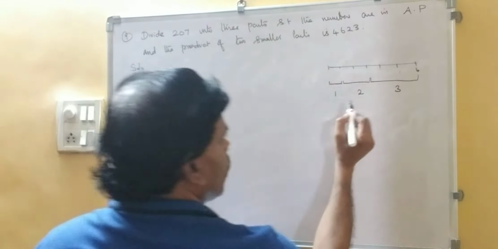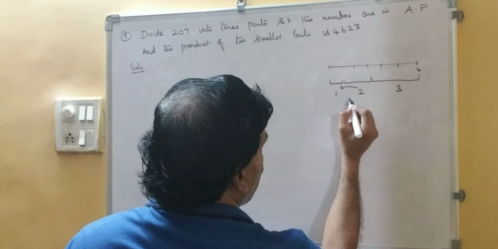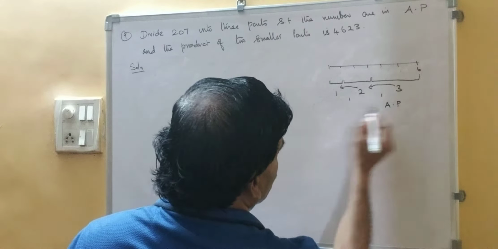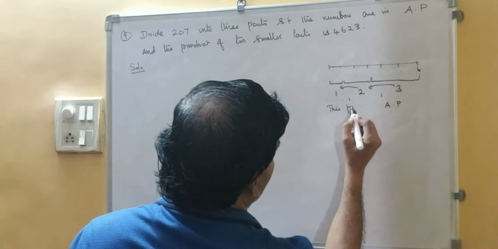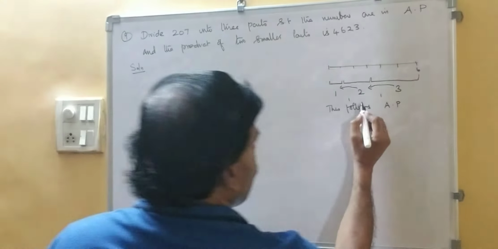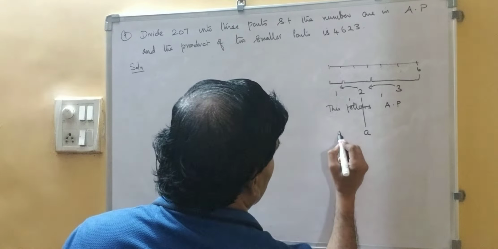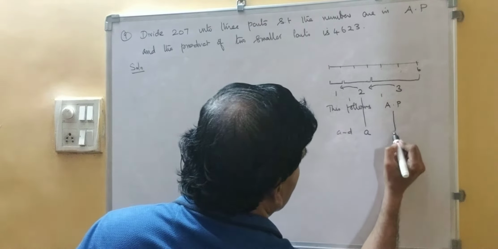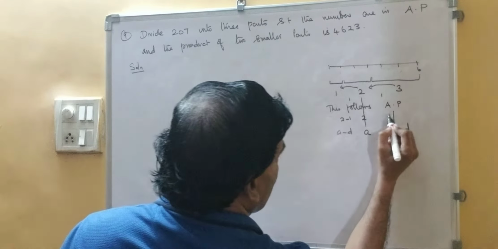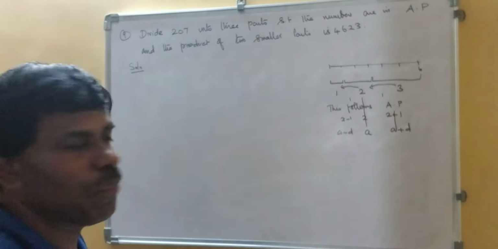Now you see here, what is the difference here? 1. What is the difference here? 1. So this follows an AP. That means if you take this as a, this as a minus d, this as a plus d, because it is 2, it is 2 minus 1, it is 2 plus 1.